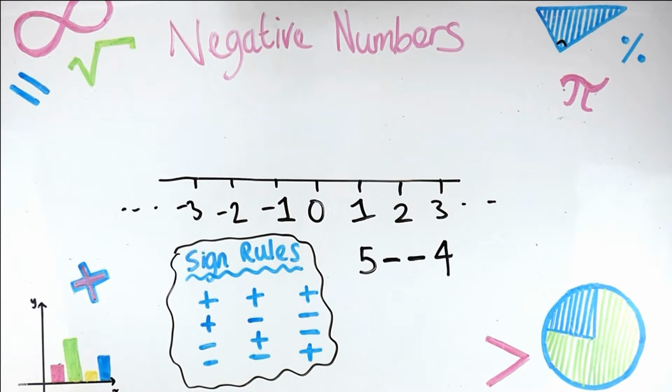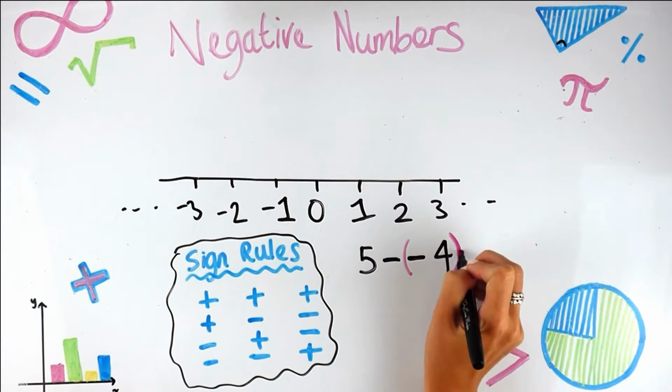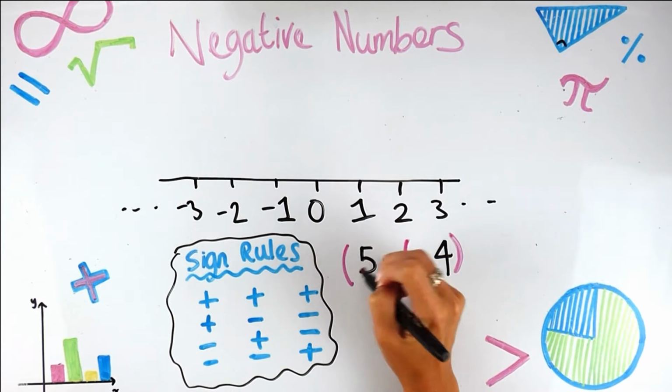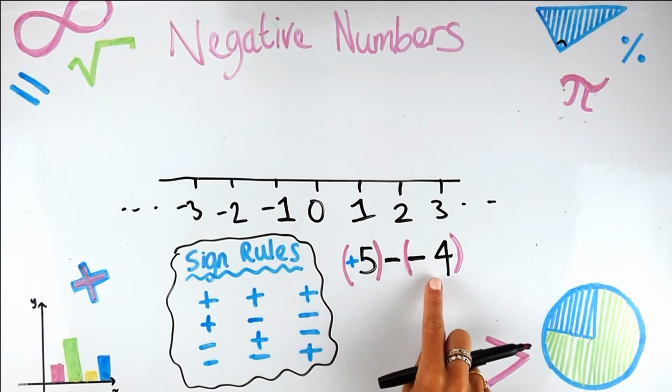The way I do that is I think of 5 as the number, then we've got the operation, which is subtract, and then this negative 4 is the number. So I'm going to put brackets around the number. Same way you could do it here if you want. There's the number. And an important thing to note is this has a little invisible positive. So we've got the numbers, subtract a number.